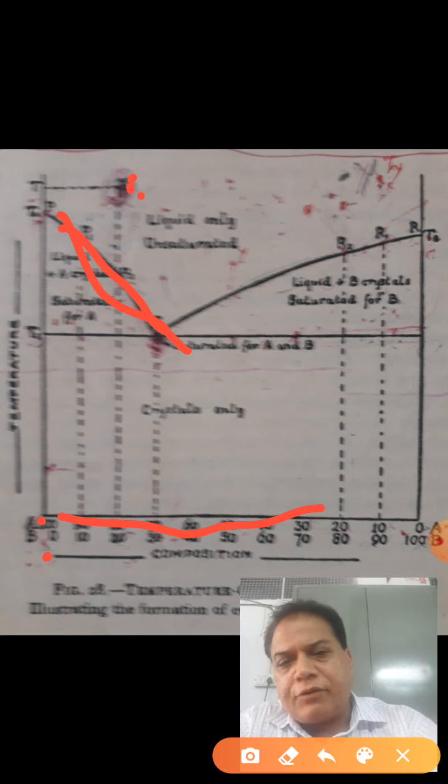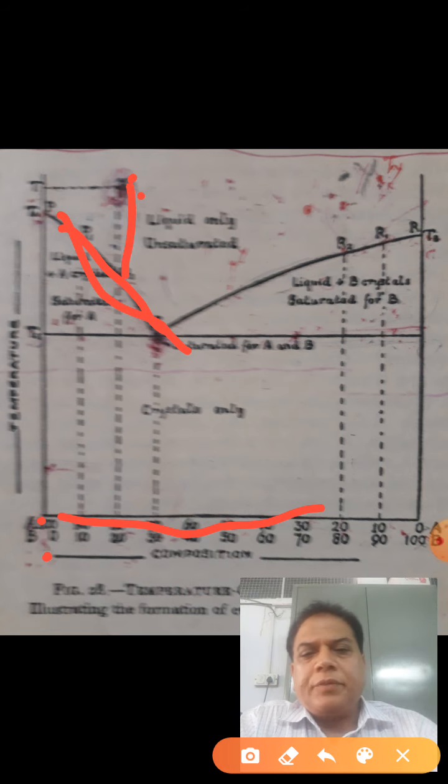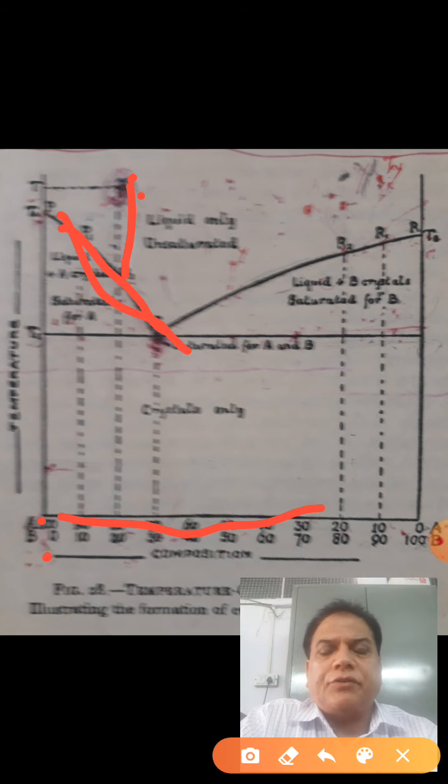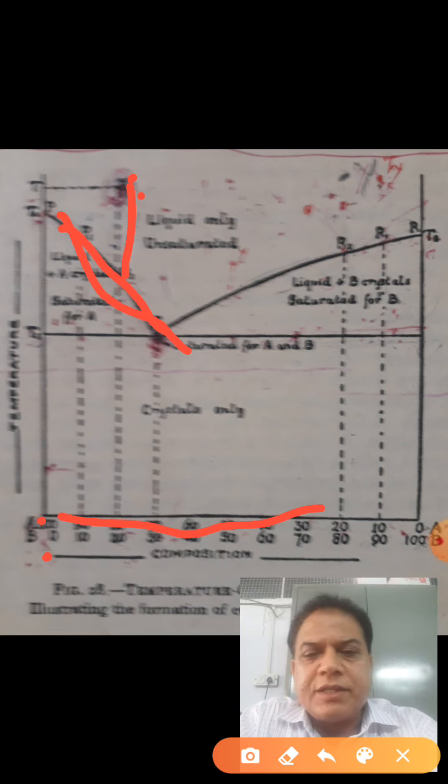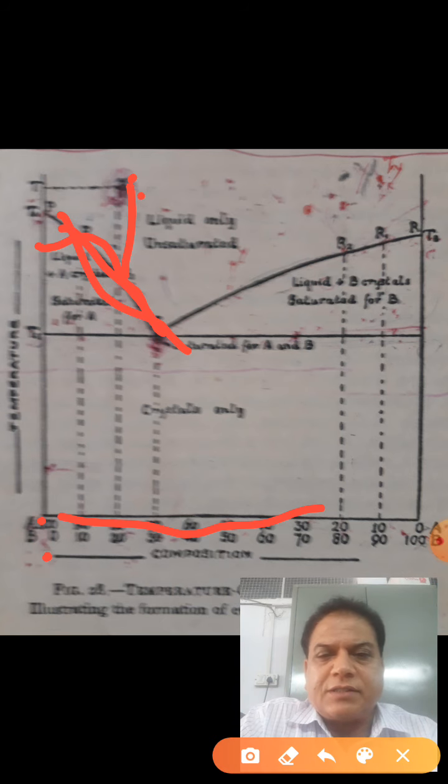Initially, the first step will be that the liquid will simply cool. There won't be formation of any crystals. As soon as it reaches the curve, say this curve, there will be onset of crystallization, and the first crop of crystals that will be formed will be of the A component.